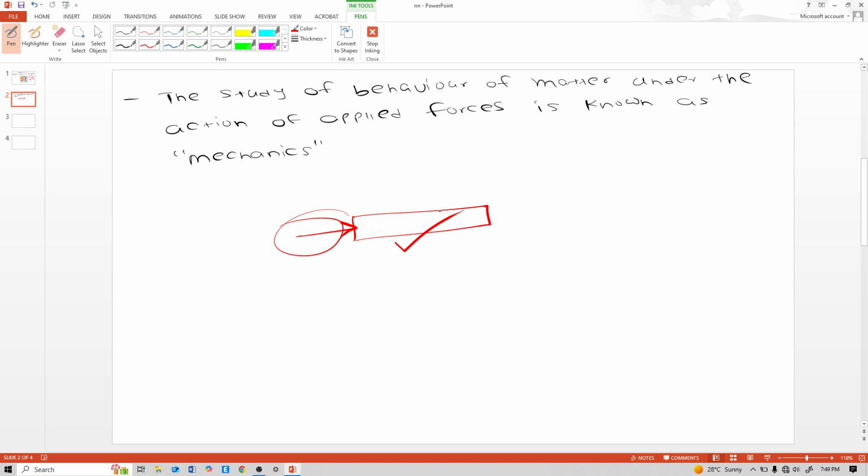If I apply force like this, how will this act? So this is mechanics. See, this word force is very important here.